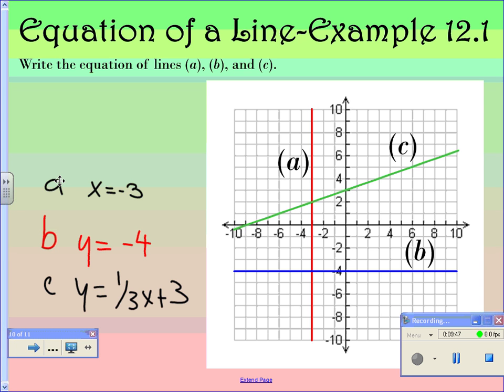But okay, Destiny thinks the slope should be negative. Should it be negative or positive? Why positive? We go up and to the right. Both of those are positive. Does that make sense? Any questions on those?